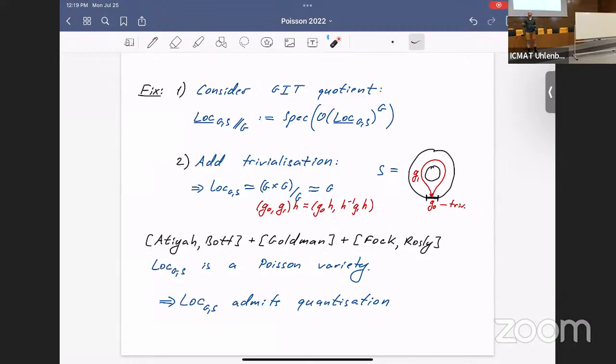Another way to deal with this problem is to actually consider trivialization, right? So we trivialize our local system somewhere. Now, what does it mean to consider trivialization? This is just adding another factor of G, right?